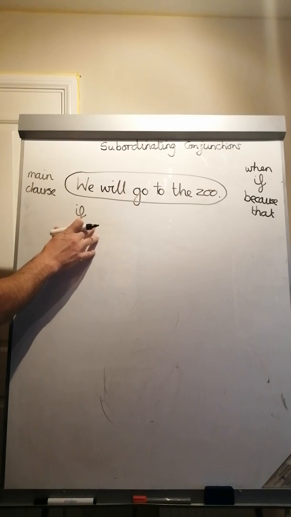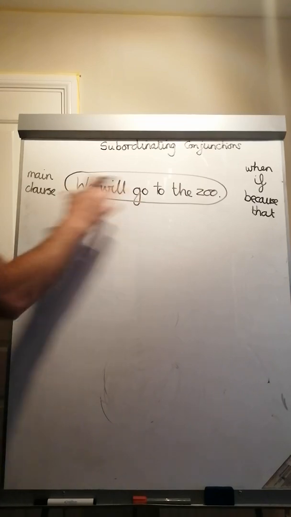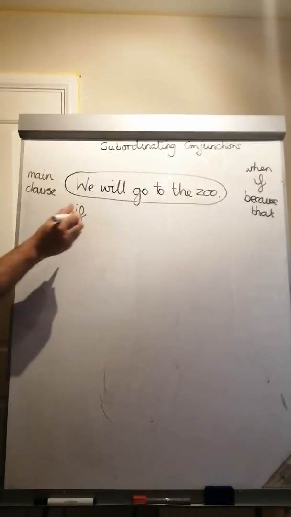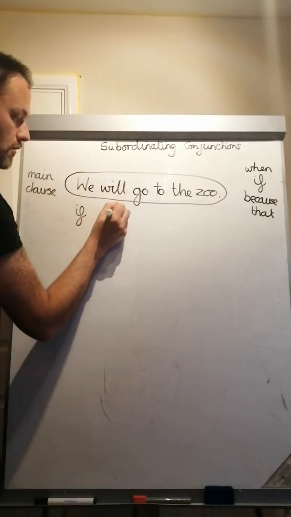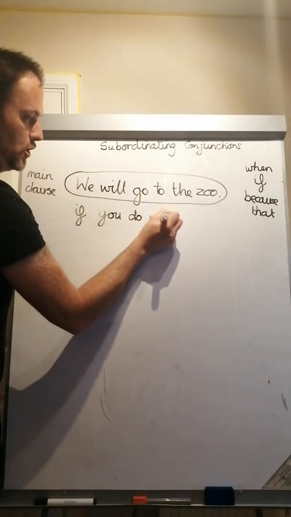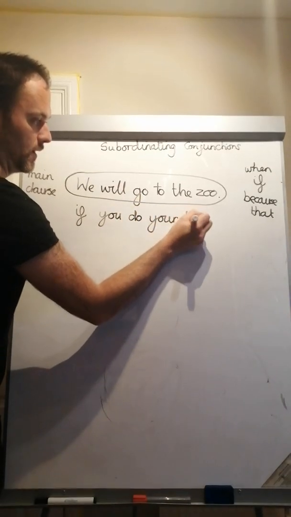We're going to use the conjunction if now. So there's got to be a condition. There's got to be a thing that's got to happen before we can go to the zoo. So we will go to the zoo if you do your homework.